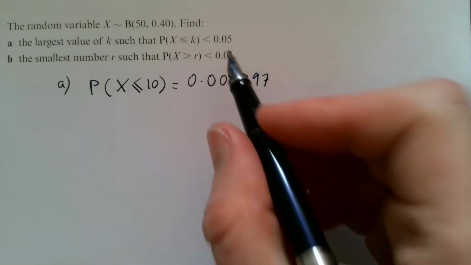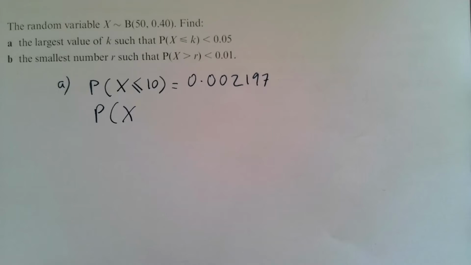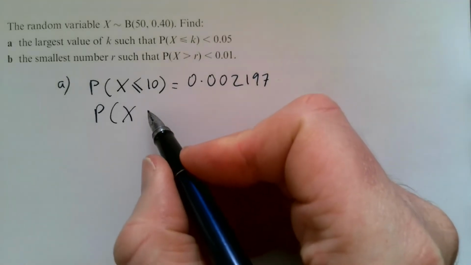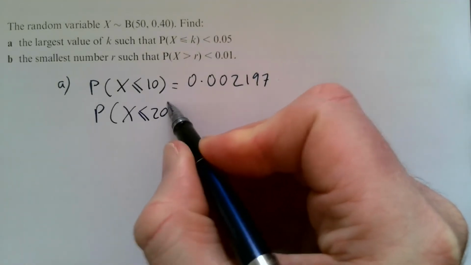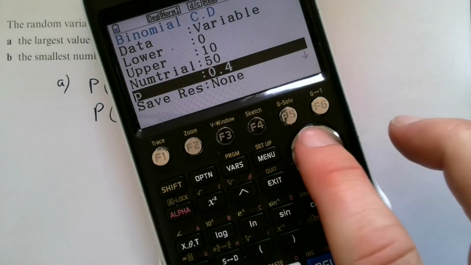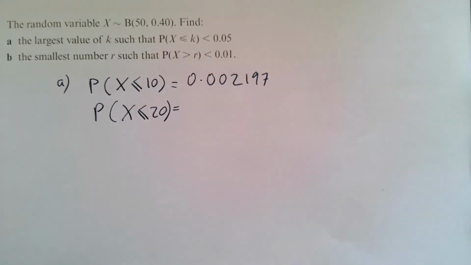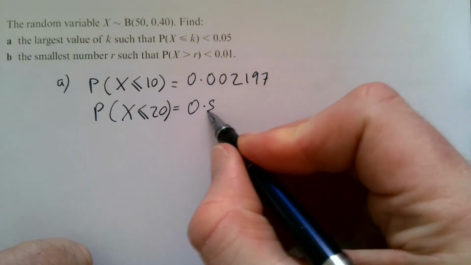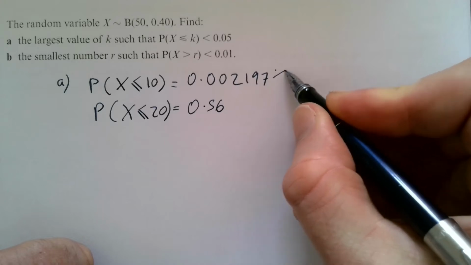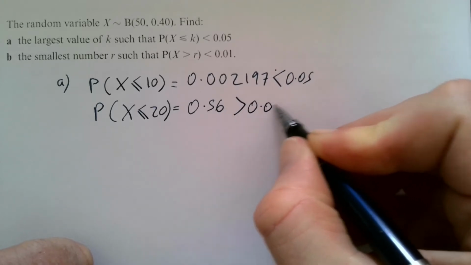Now that is way too small, isn't it? I want 5%, so all I'm going to do is up it a bit, so that means that we need to have a few more than that, don't we? So maybe let's try 20 and see if that's too far. 20, 0.56. Ooh. So that's way bigger than 0.05.